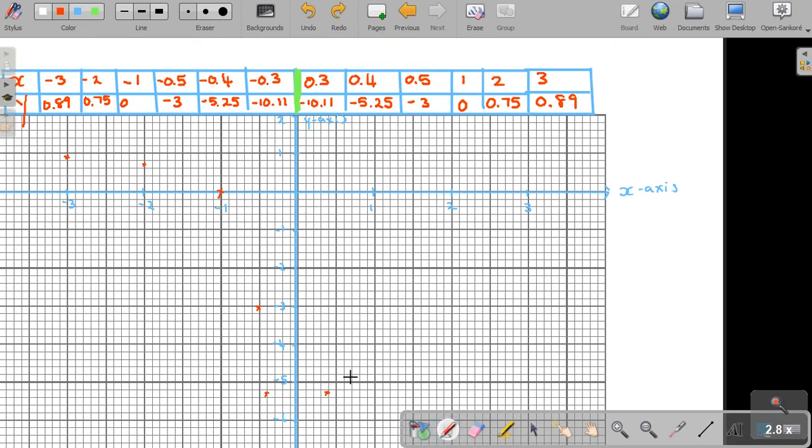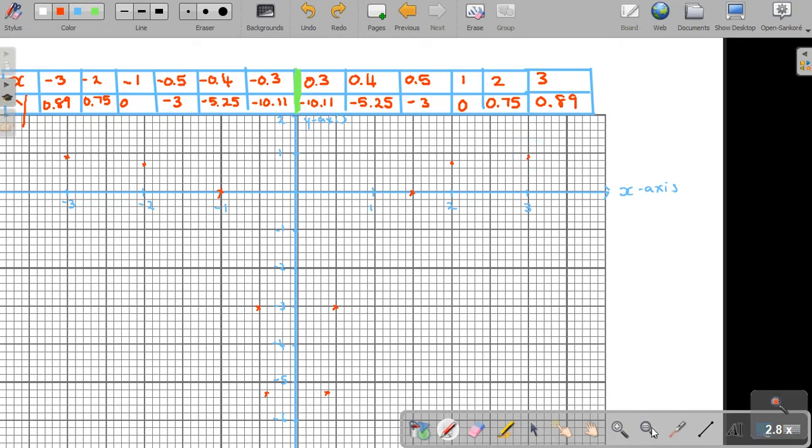Okay, so 0.4, 0.5, oh, it's so nice. 0.5 will be that -3. 1 will be that 0, it's symmetrical, can you see that? And 2 is 0.75, but higher, and then 3 is 0.89.